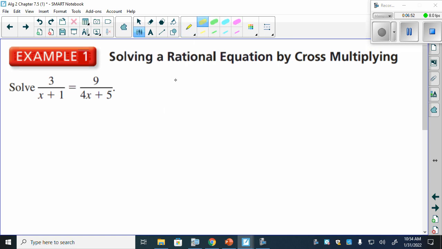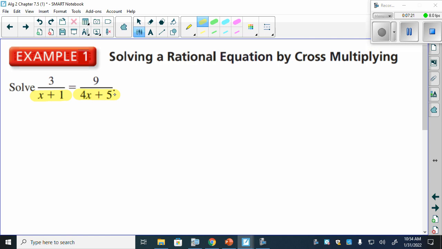Now, with rational equations, we do have restrictions. We do have extraneous solutions that can pop up. And again, an extraneous solution is a value that we find for x that will not work in the original problem. Because if we look at this here, we have x plus 1 and 4x plus 5 in the denominator. So if our value of x makes either one of these 0, it will not work.